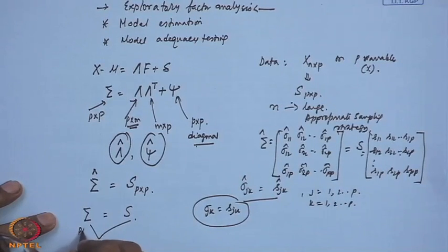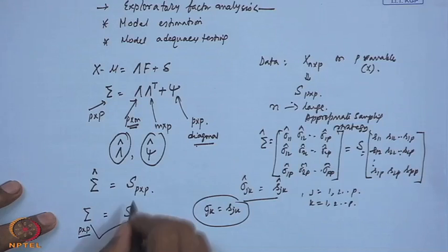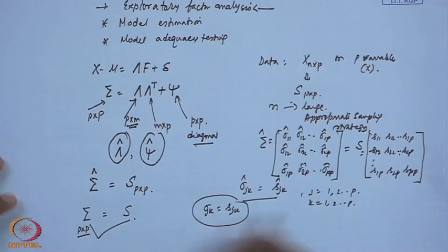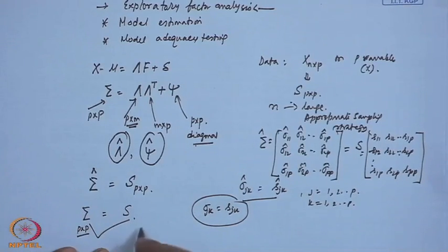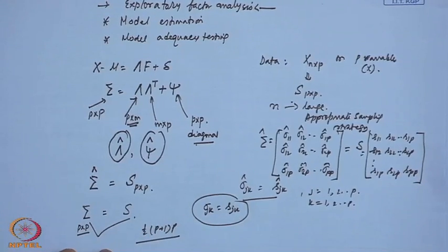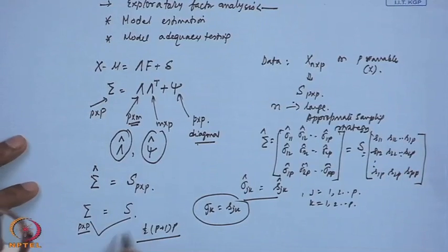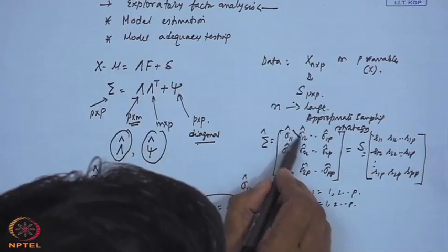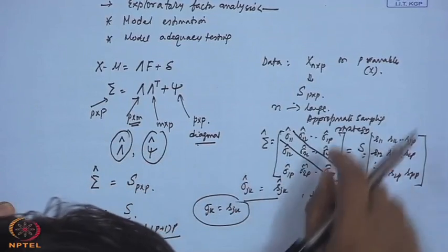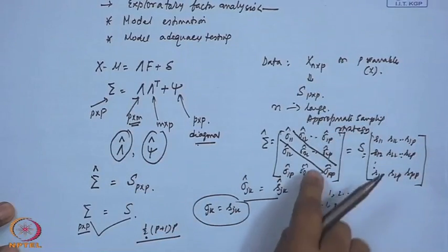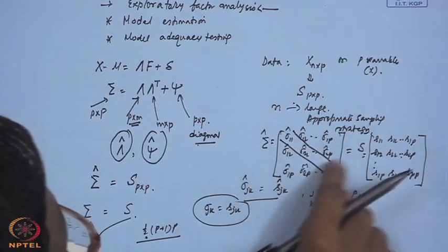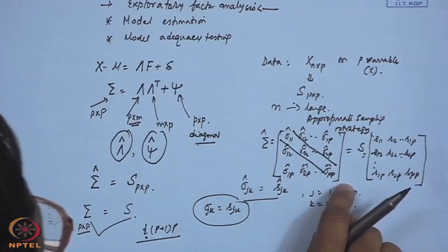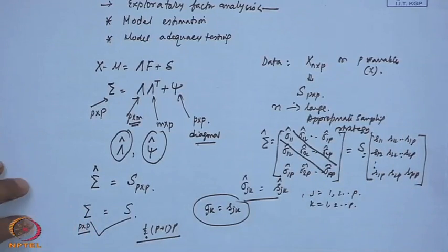So we have a P cross P matrix here, and the number of estimating parameters will be half into P into P plus 1. This many parameters, because if you see the structure here, this portion is a mirror image of this.